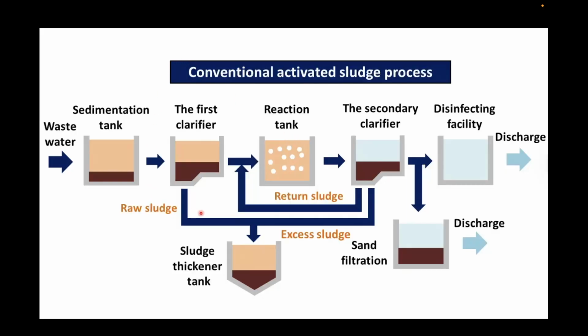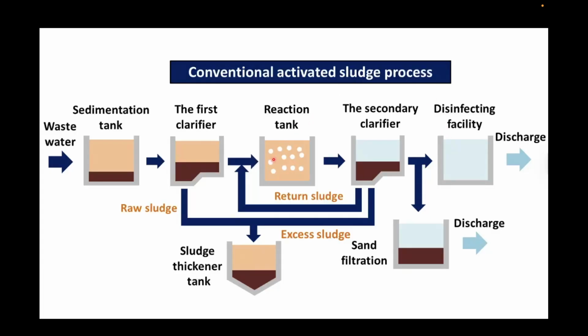Now excess sludge and raw sludge is drained out into a sludge thickener tank, and then other procedures like sand filtration, discharge and a disinfecting facility follow. So this is a whole schematic of how an activated sludge process or bioreactor for wastewater treatment works.